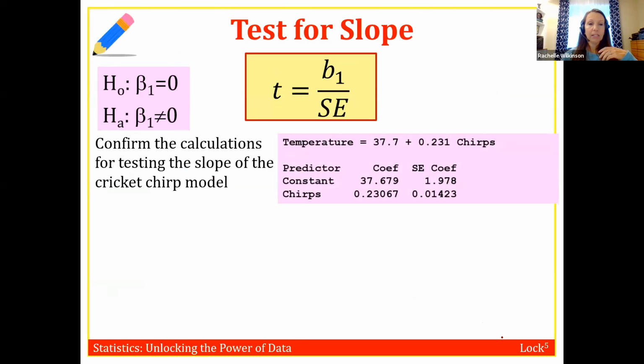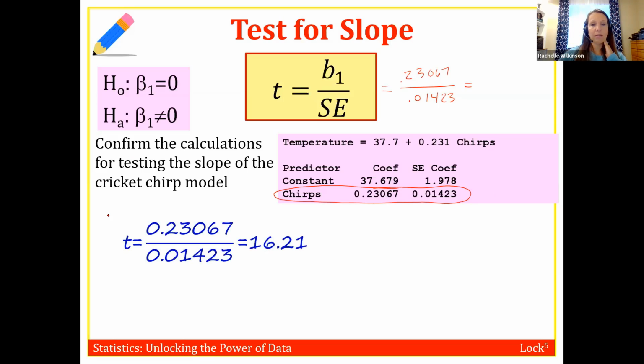All right, so let's look at this example. For the crickets and the chirp rate, b1 we can get from our little table down here from the second line, because we always use the second line. Then we're going to have 0.23067 divided by the standard error, which is the second column here, 0.01423.